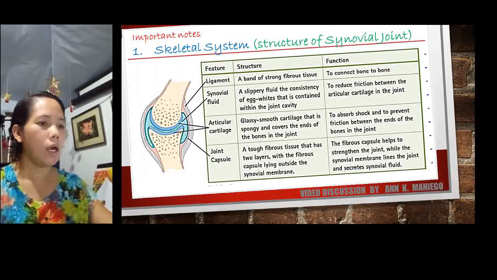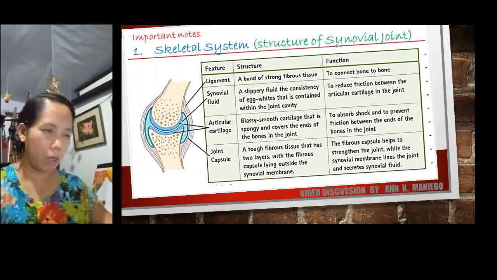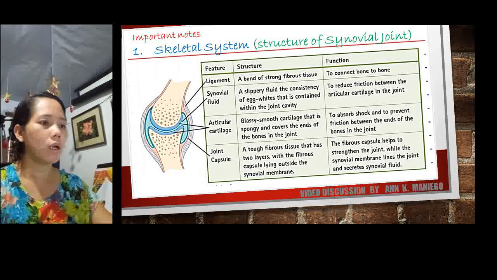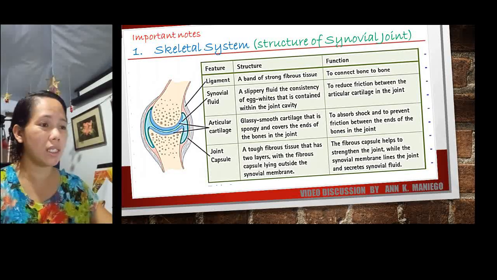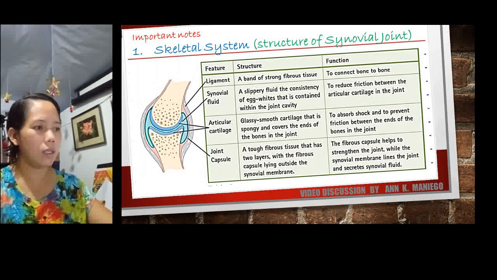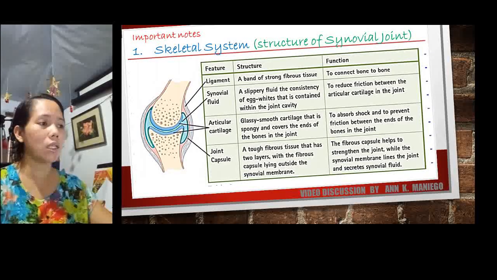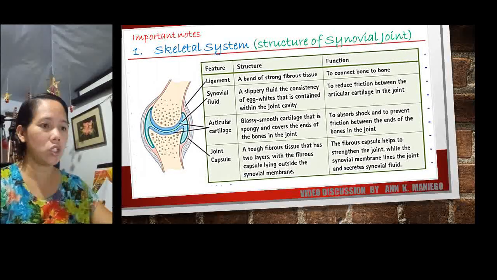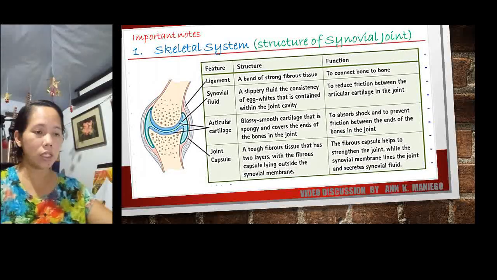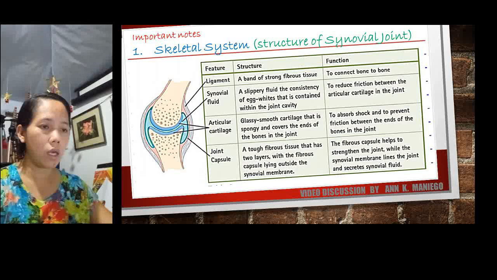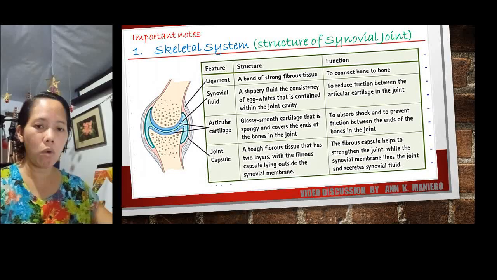Isa na siya. And then, there's a synovial fluid, a slippery fluid, the consistency of egg whites that is contained within the joint cavity. So, naa siya inana, no? And it reduces friction between the articular cartilage in the joint, no? Kay naa man kay articular cartilage. Katong you remember the top end or top and bottom end of the long bones, no?